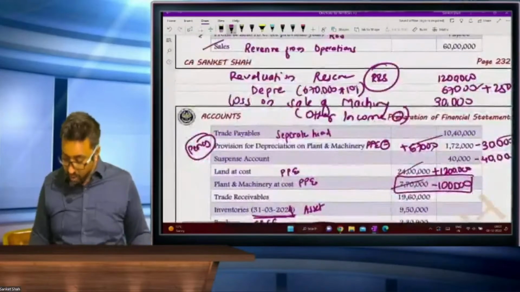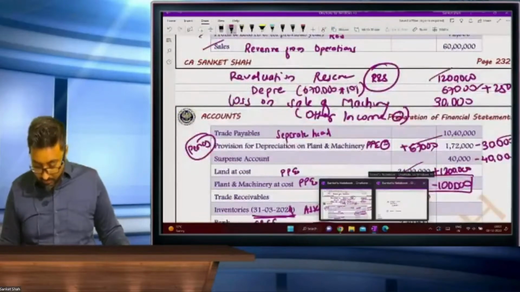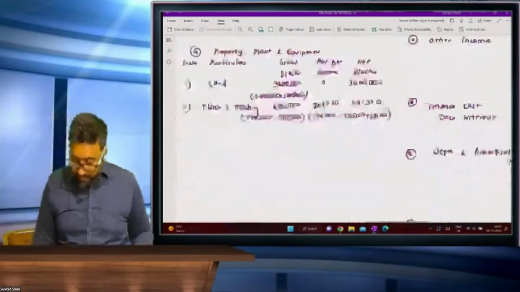Now revaluation reserve, one by one. Revaluation reserve, 12 lakhs.